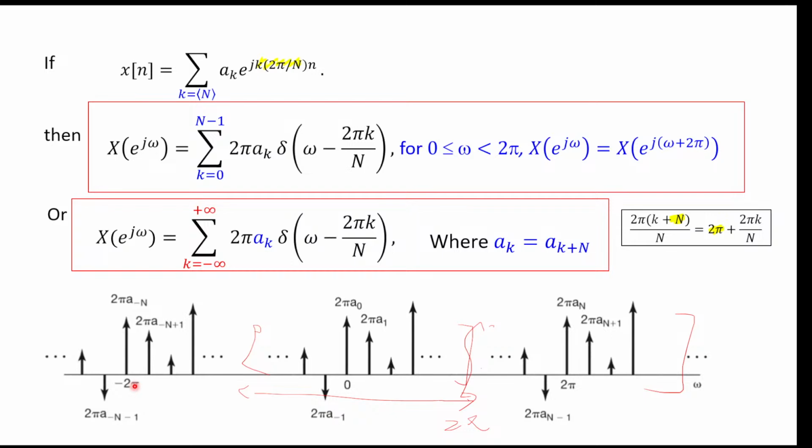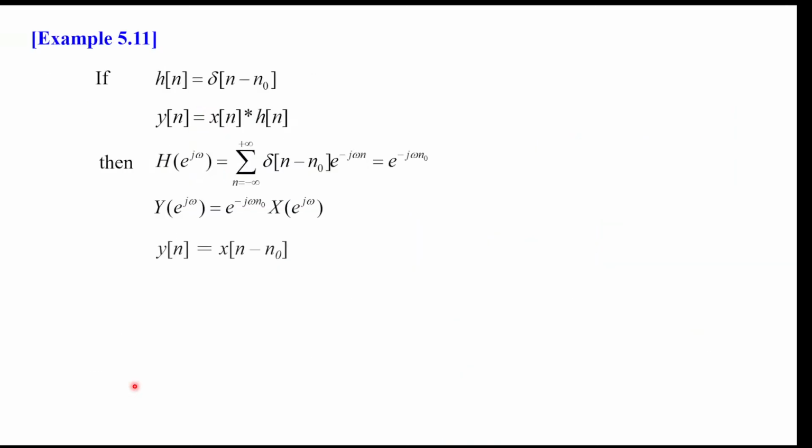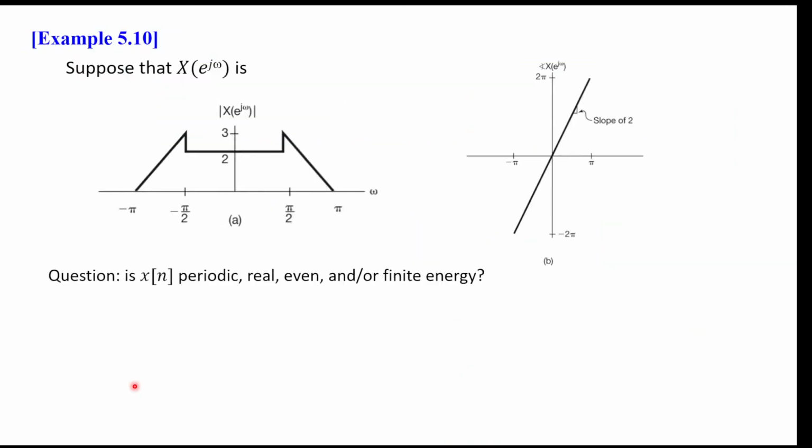But the signal we see here has no spikes, and it has non-zero finite values. So this is totally not the spectrum of a periodic signal. It's the spectrum of some aperiodic signal. So x of n is not periodic.